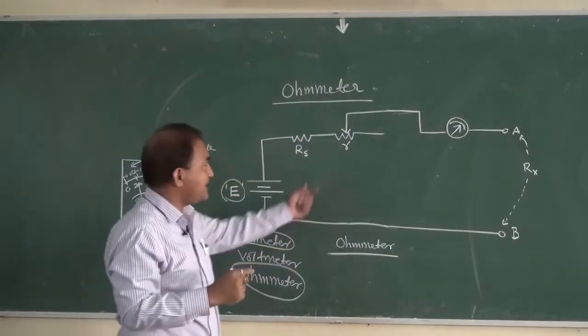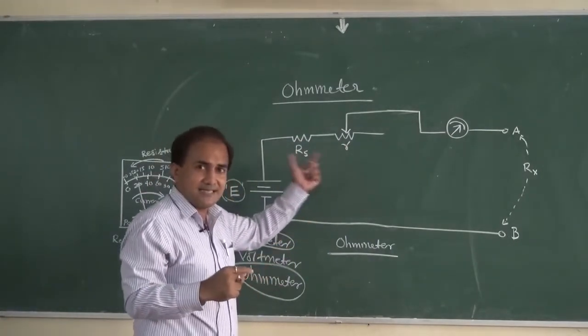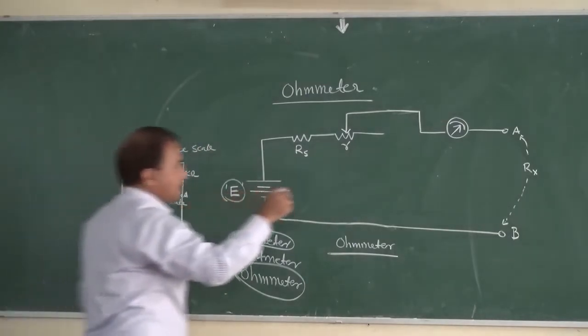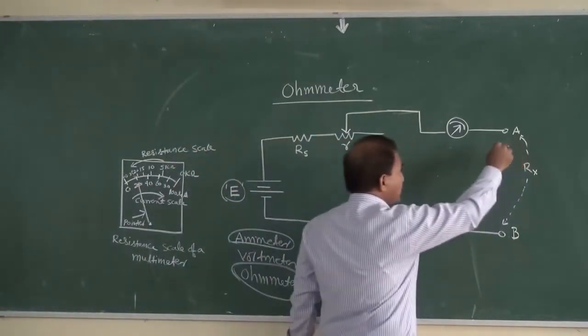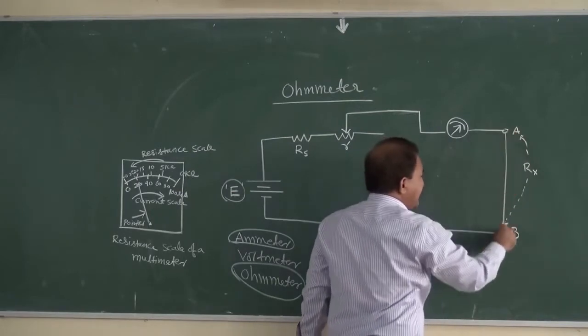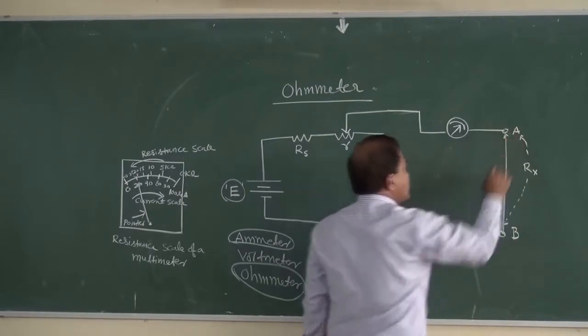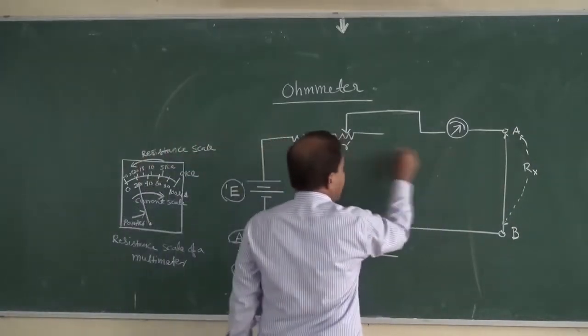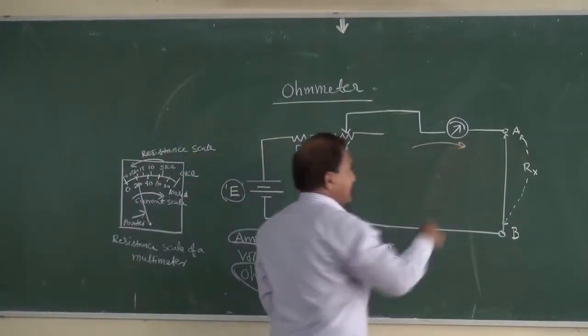That is why it is known as zero adjusting resistor. Suppose initially points A and B are shorted. Shorted means it will show full deflection.